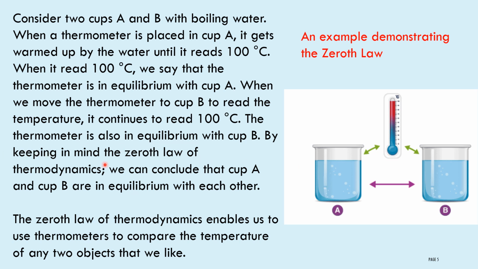By keeping in mind the zeroth law of thermodynamics, we can conclude that cup A and cup B are in thermal equilibrium with each other, because the temperature of both cups is 100 degrees Celsius, and both are in thermal equilibrium with a thermometer showing 100 degrees Celsius.